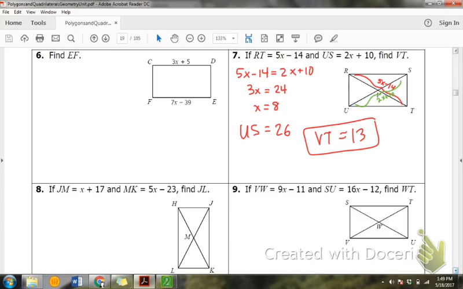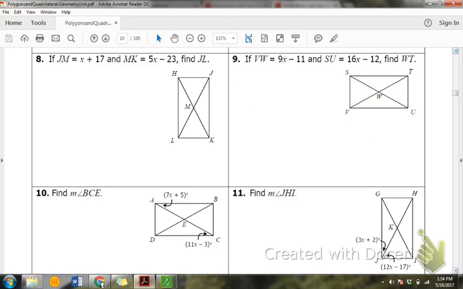Why don't you try number 9? So VW is 9x minus 11, and SU is 16x minus 12. So did we double 9x minus 11?